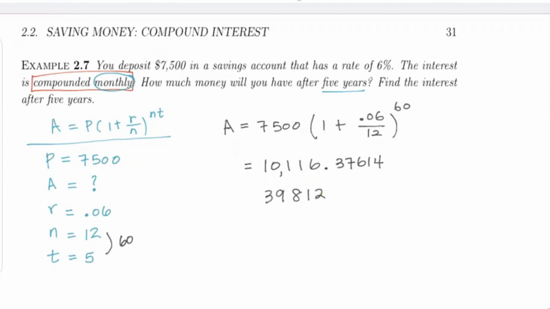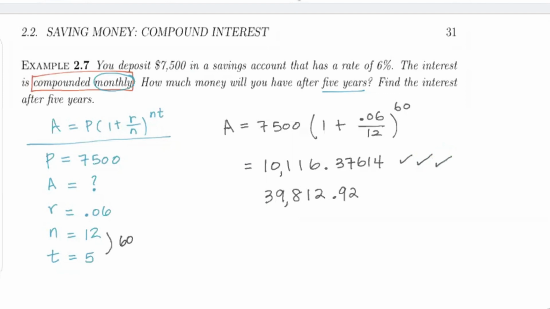I have 39,812.92. Okay, that's a huge difference. It's 10,000 compared to 39,000. Kayla has the first one. I have the first one too. I also have the first number. So four of us have the first number.